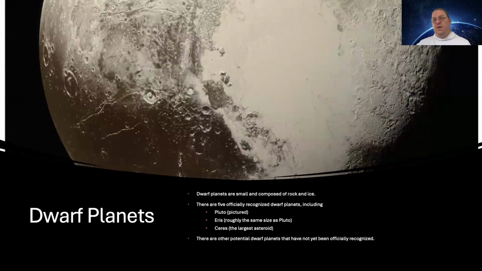Almost all of the other dwarf planets are beyond the orbit of Neptune, except for one, and that is Ceres. Ceres previously was characterized as an asteroid, and it was the largest of the asteroids. But because of this new definition, it has been upgraded, as it were, from asteroid to dwarf planet, because it is roughly spherical under its own mass.